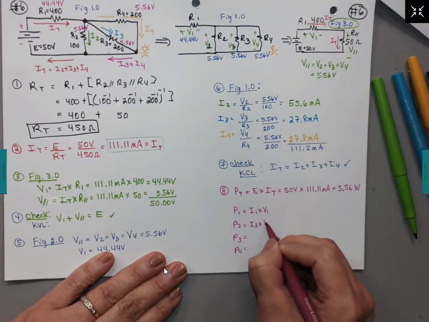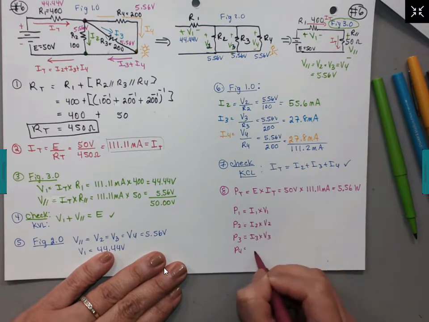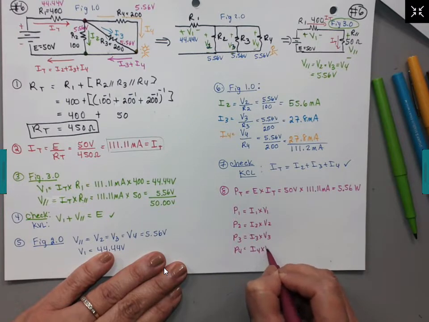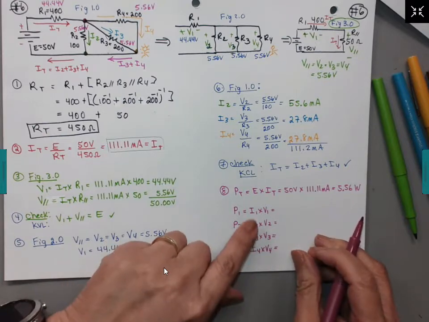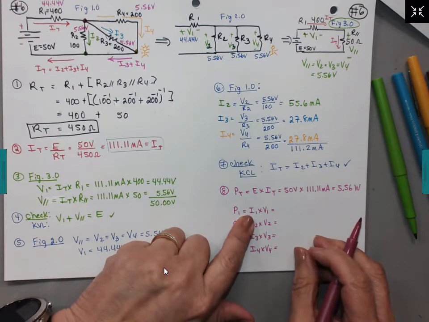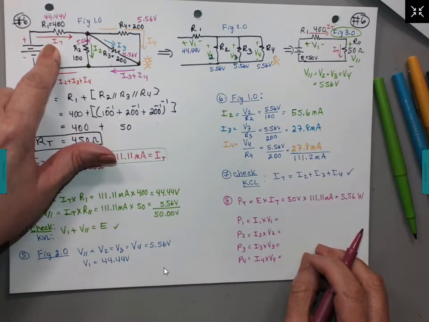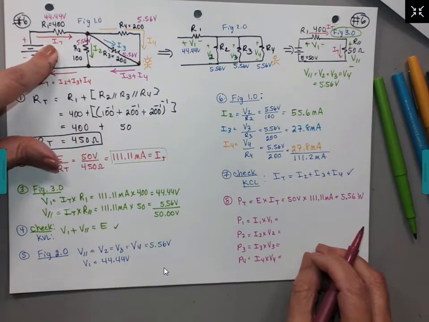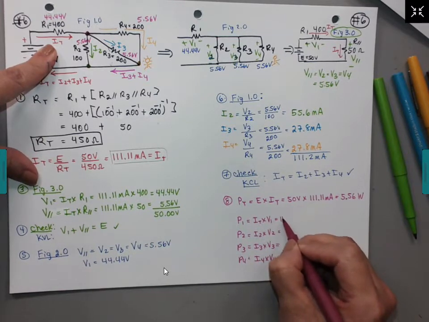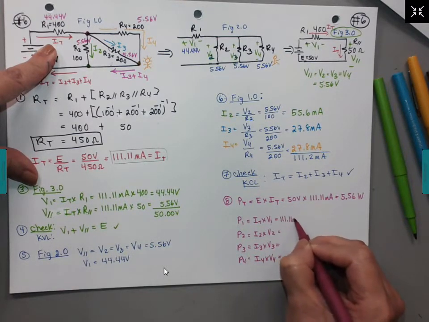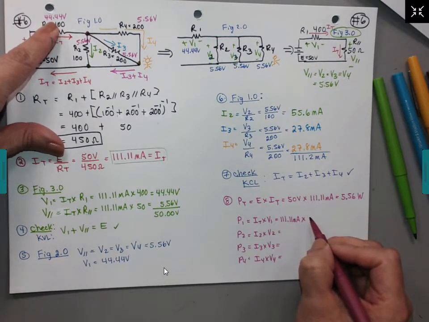I2 times V2, I3 times V3, and I4 times V4. So you have to grab the right current. So I1 is what? Oh, look at this. I1 is IT. Yes? So this guy is IT. IT is 111.11 milliamps times, what's V1? 44.44.